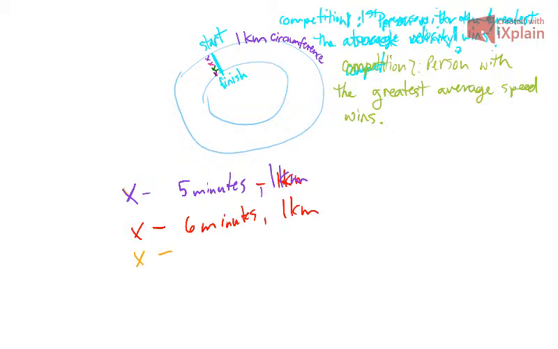The yellow person doesn't finish, so the time is ongoing. Well, we won't say infinite minutes, that's too much. We'll just say they didn't make their kilometer. They got to 0.5 kilometers, and let's say they got carried off on a stretcher after like 8 minutes.